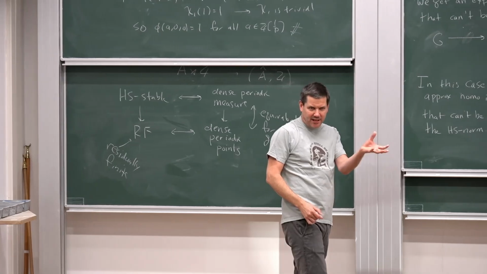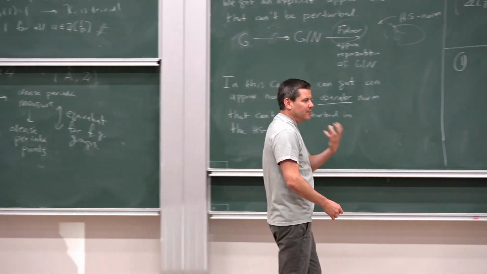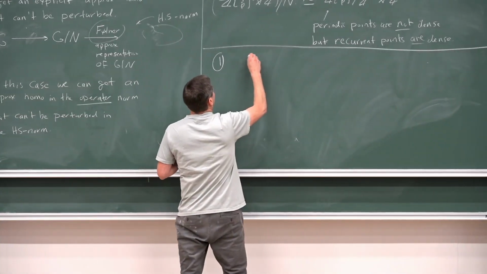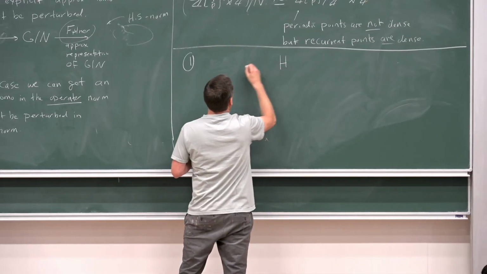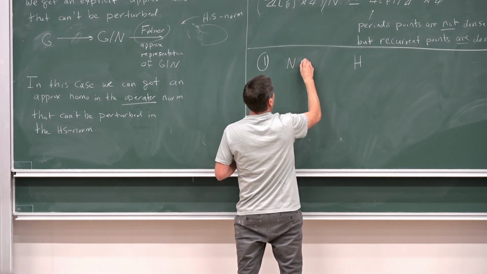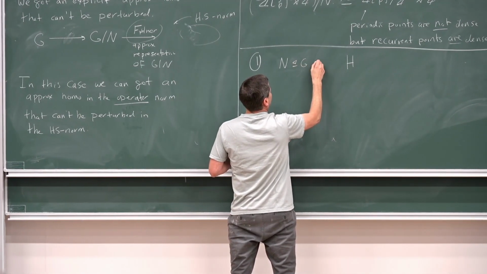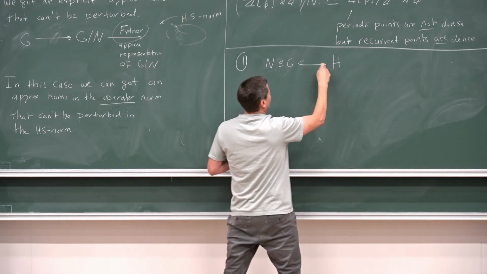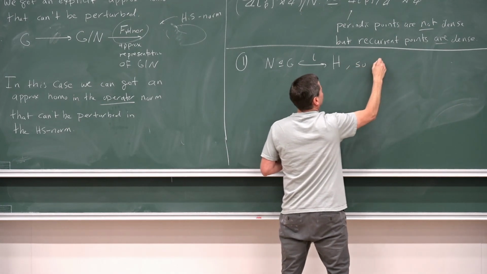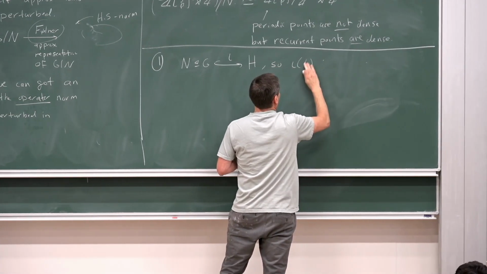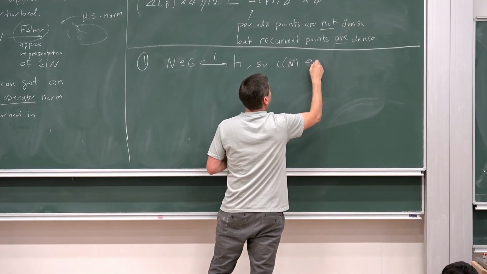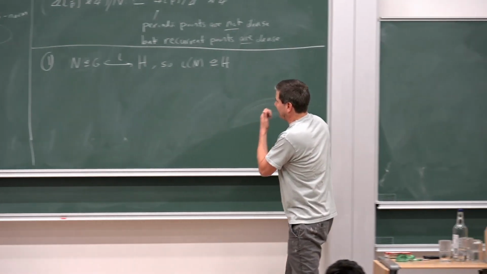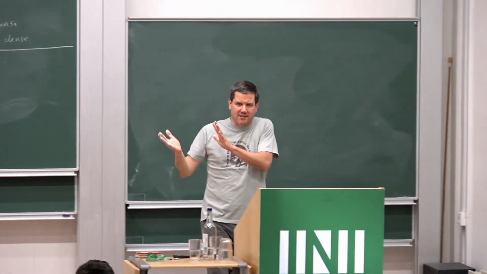All of G doesn't have to stay normal, but N has to remain normal. Then the obstruction persists. So let's say I have H, I have N, and this embeds, let's call it iota. So iota of N is normal in H. Okay, G doesn't have to be normal, just N has to be normal.